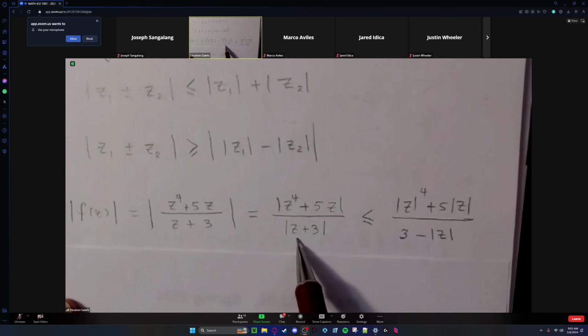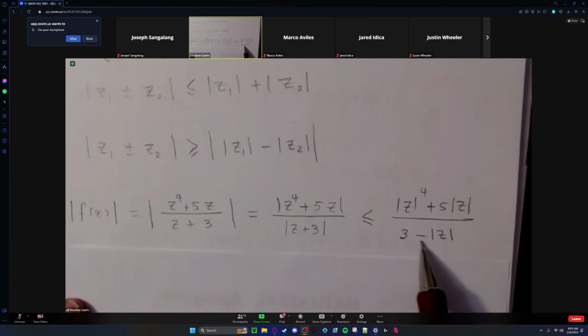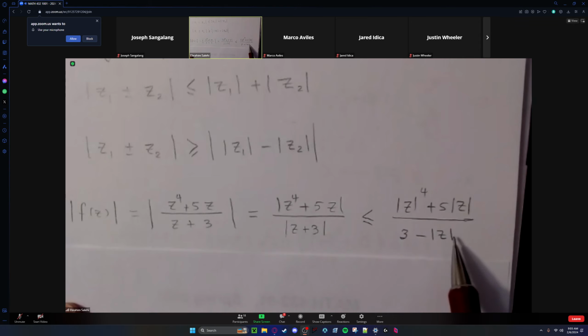For the denominator, we use number 2. So for this one, the modulus will be bigger than or equal to this. And when the denominator is smaller, the fraction becomes bigger.